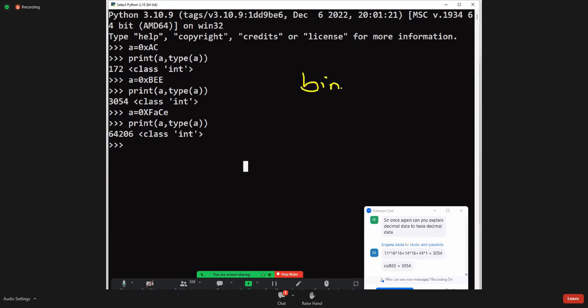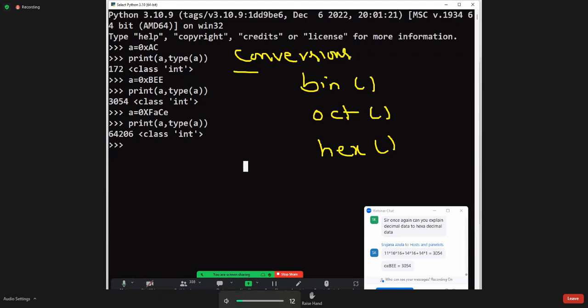You have seen the bin function, and next is oct, next is hex. Certain things are required to remember. In the class only you need to get the subject. After going home, practice by yourself. The interviewer will ask you: what are the various base conversion functions in Python?